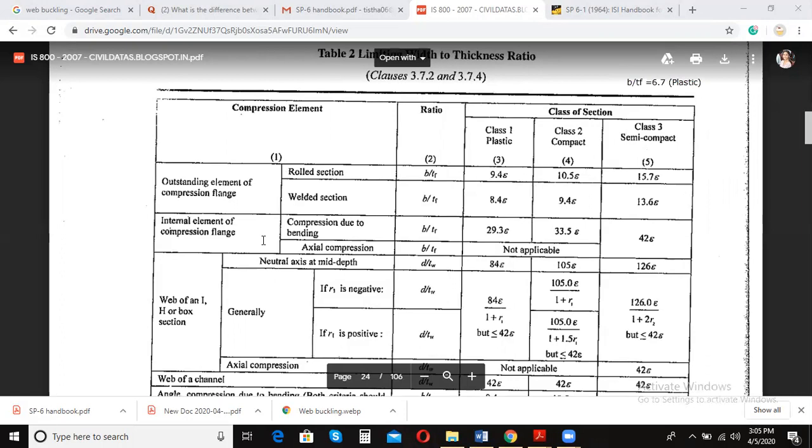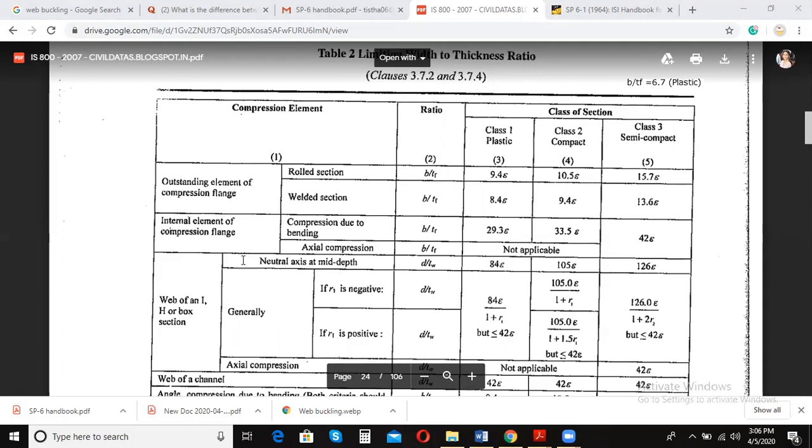Next we will consider the web. We also have to check the classification with respect to the web. So we have our steel section, which is symmetric, and since it is symmetric, the neutral axis of the beam section will be lying at the mid section. So for the web, neutral axis at mid depth, we will be considering this row.